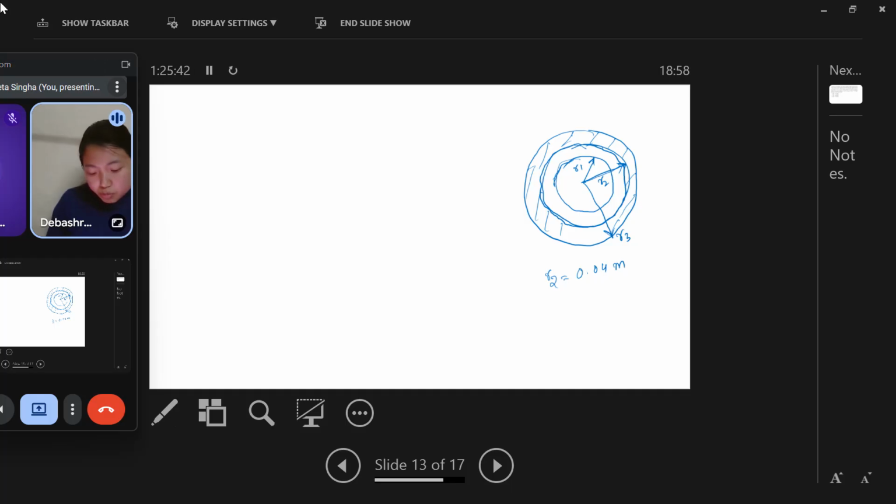So if thickness is 0.005, R1 will be 0.04 minus 0.005, that is 0.035 meter. Now you have to calculate what is R3, that is the thickness of the insulation or the radius of the insulation.